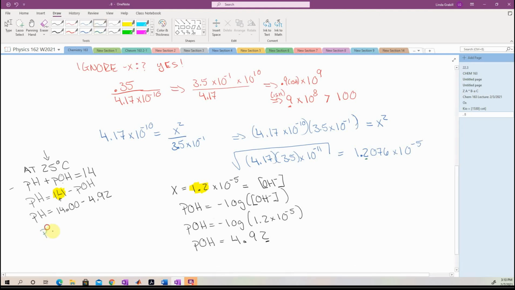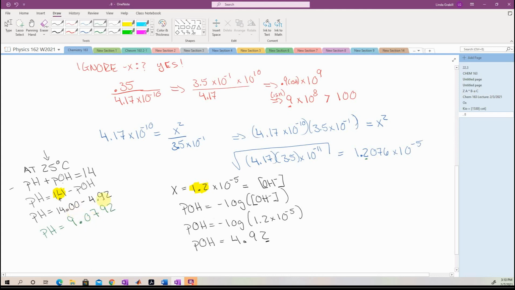My pH, I would expect to be greater than 7, because I have a basic solution, and indeed I get 9.0792.